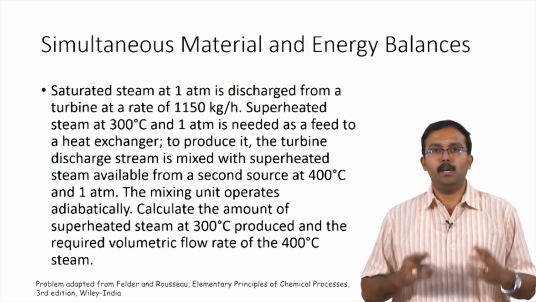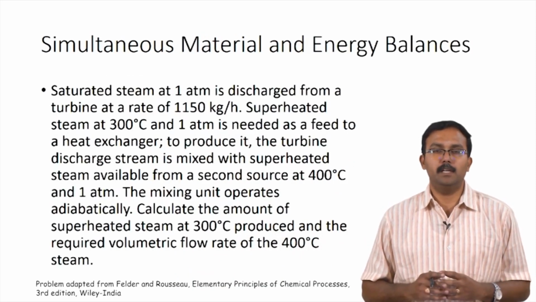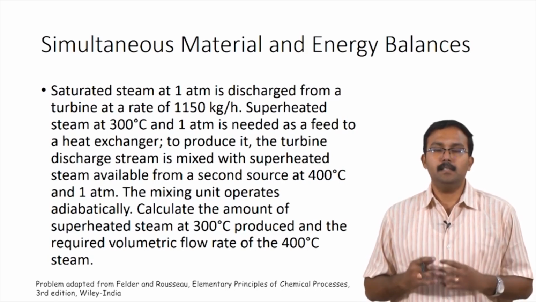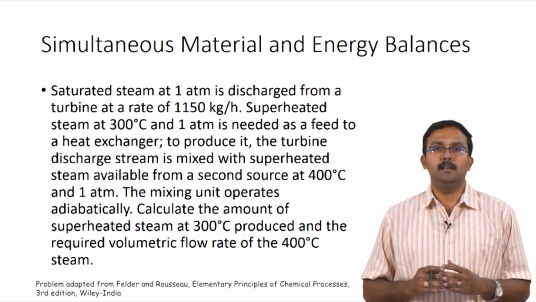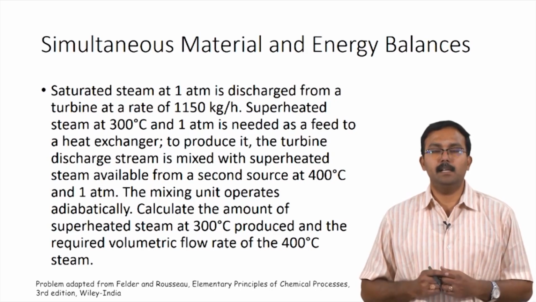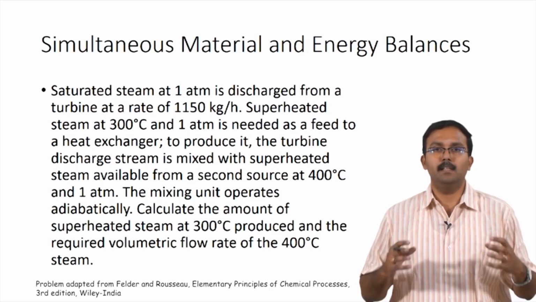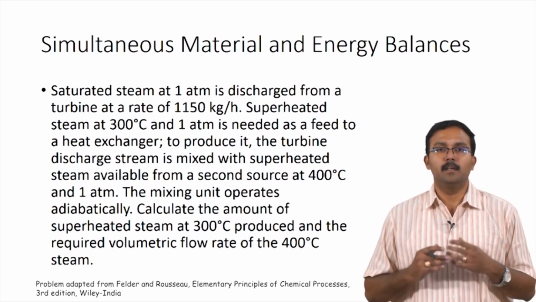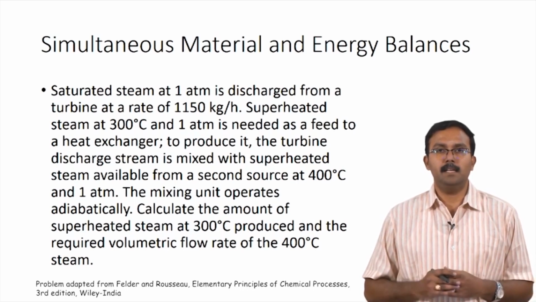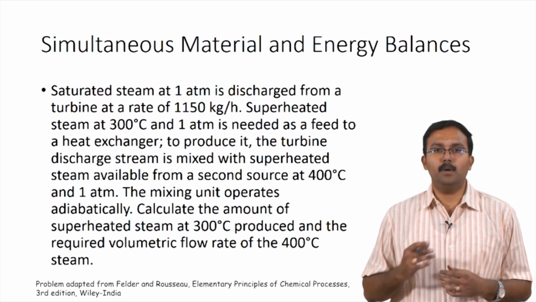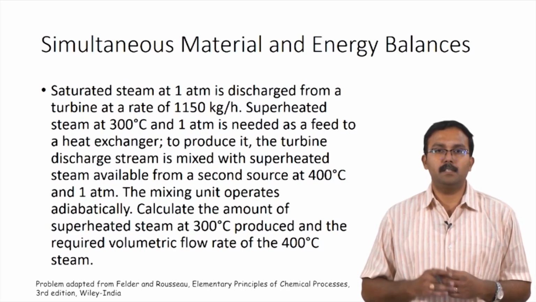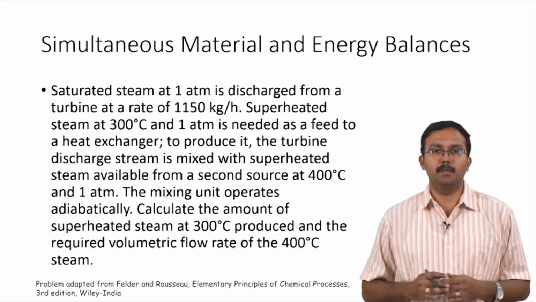Until this point, we have been performing energy balance calculations only. In this problem, we will look at simultaneous material and energy balances to obtain the values which we are looking for. The problem statement states saturated steam at 1 atmosphere is discharged from a turbine at a rate of 1150 kilograms per hour.